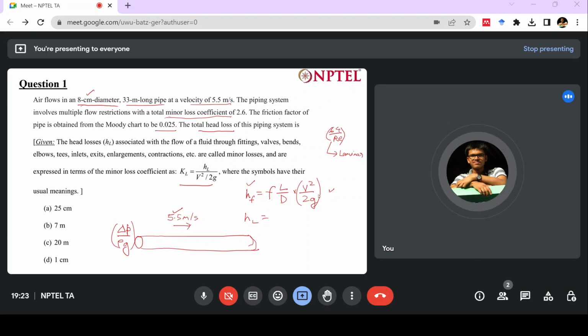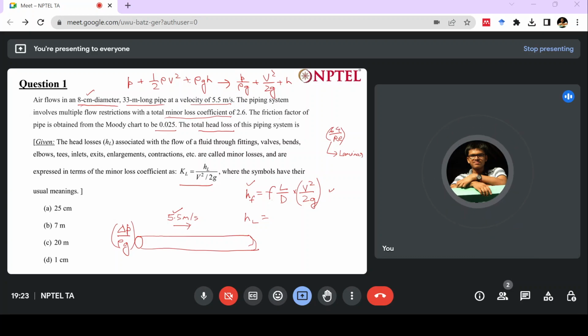You can straight away imagine from Bernoulli's theorem, we had three terms. One was P, one was half rho V square, and another was rho G. So if I scale it in terms of length, then this becomes P divided by rho G plus V square by 2G plus.